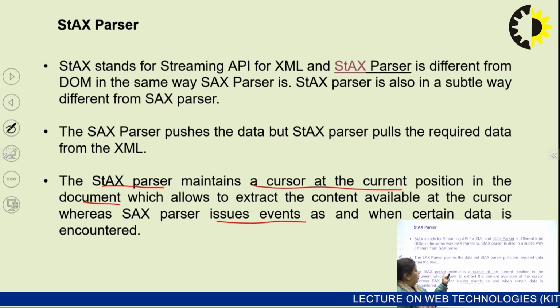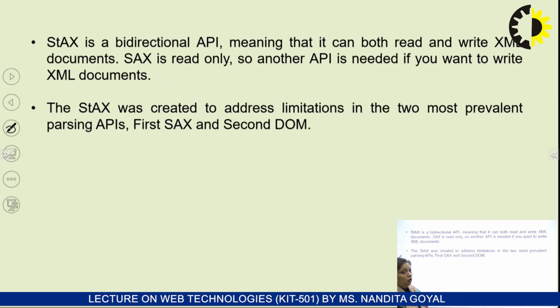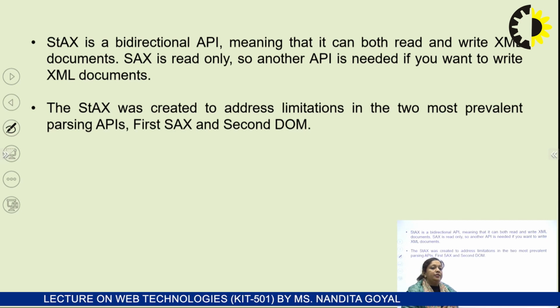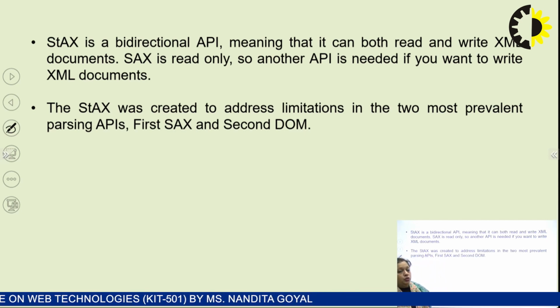But with a StAX parser, we have a cursor at a current position, and we can even extract the content which we need to extract. So, the StAX parser is something in between the DOM and the SAX parser. It is acting as a median between the two.